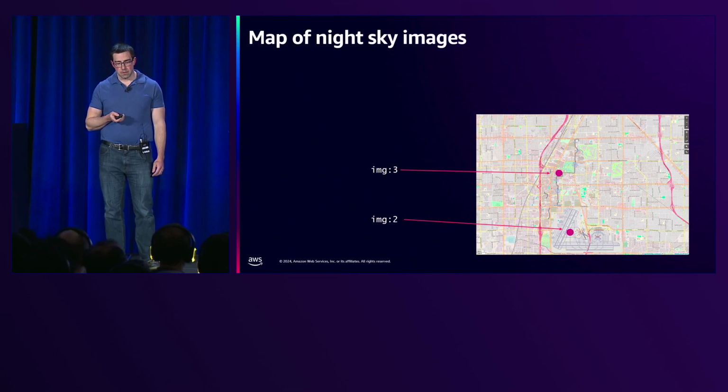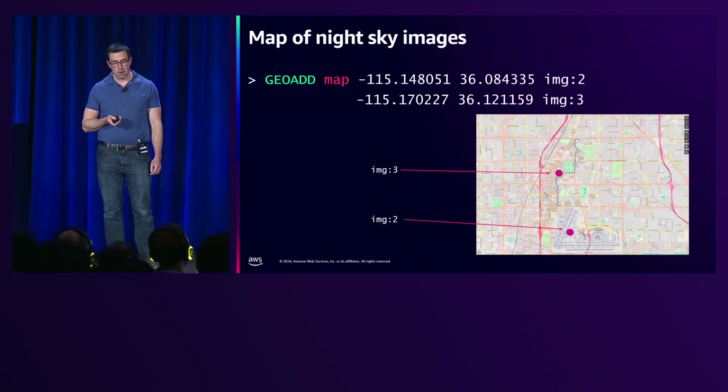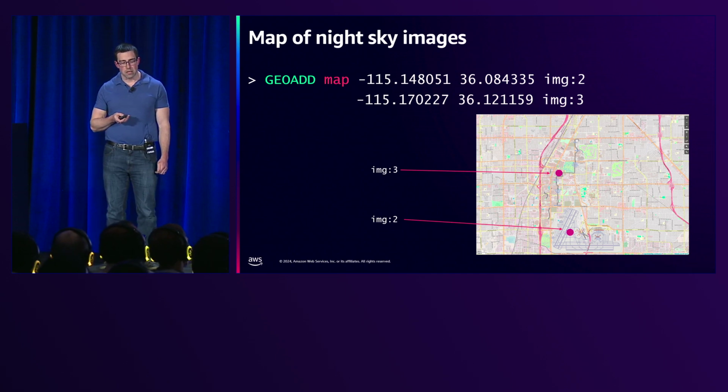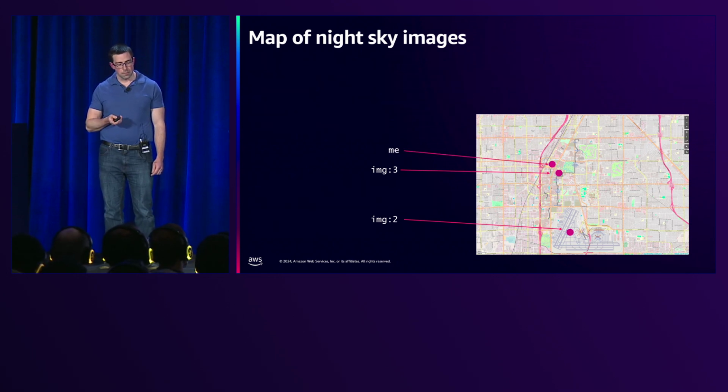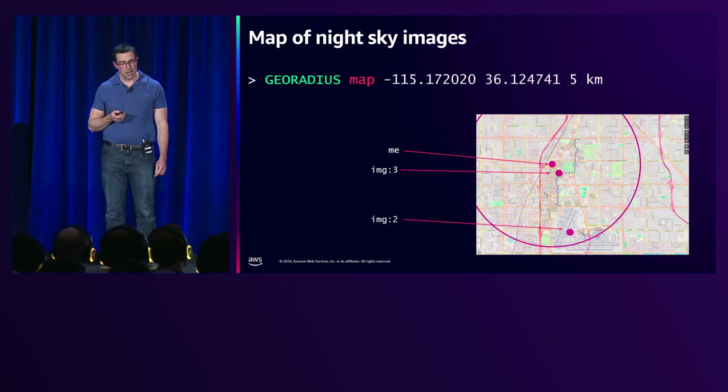So let's give some examples of how you would do this. Let's say you have two images taken, one up here by the Strip and one down by the Las Vegas airport. We can use the geoadd command to add the latitude-longitude pairs for each of those images into our geoset and get back a 1 saying that they've been stored. Let's say that I'm trying to access this website over here from Treasure Island and trying to query which things were close to me.